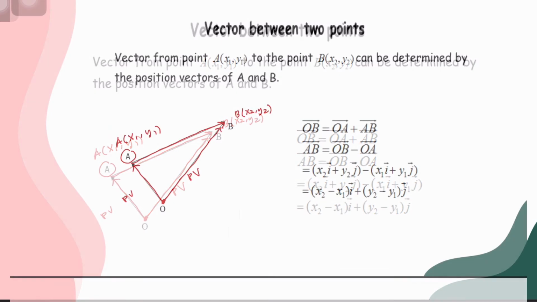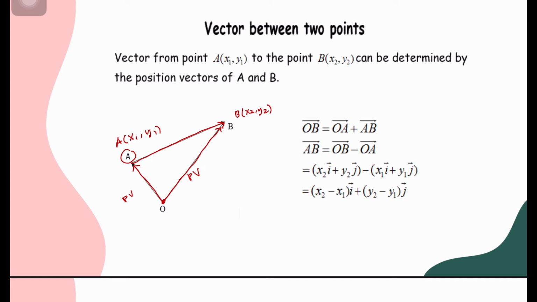Okay, we have learned before how to find the value of a vector. For example, if we have one vector here, we can find the value of the vector by the addition process, where we need to add two vectors.